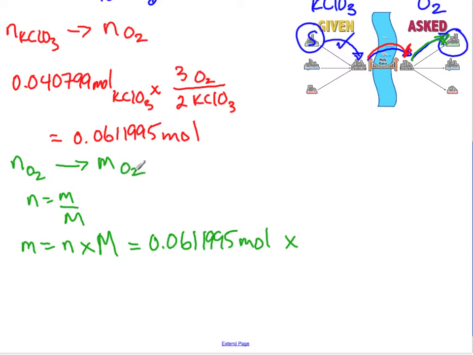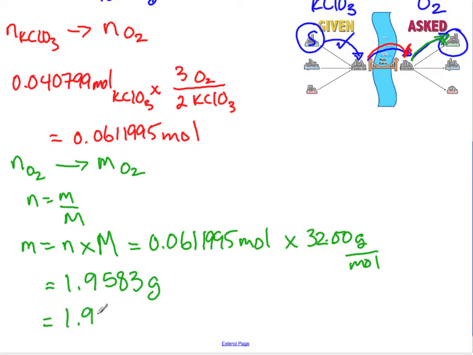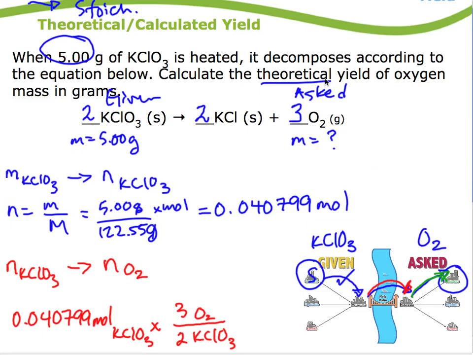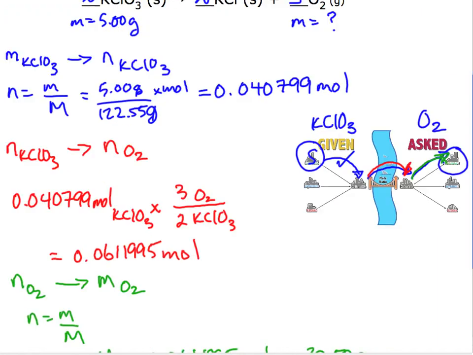Oxygen is 16, there's 2 of them, so it has to be 32.00 grams per mole. So the mass of oxygen comes out, if my calculations are right, to 1.9583 grams, etc. I have 3 sig figs, so it'll be 1.96 grams.